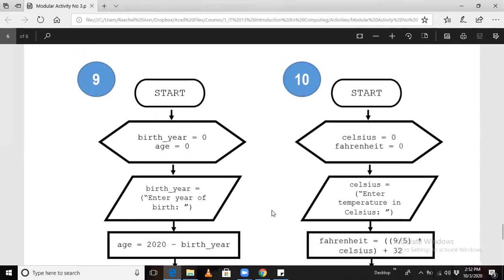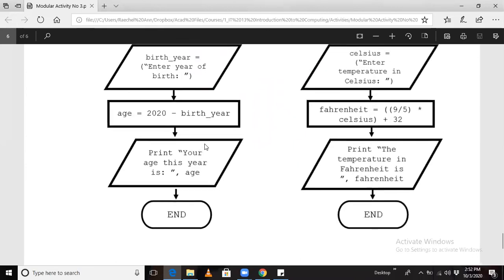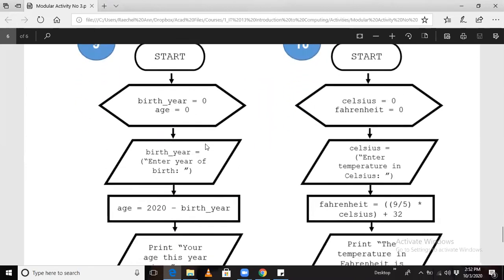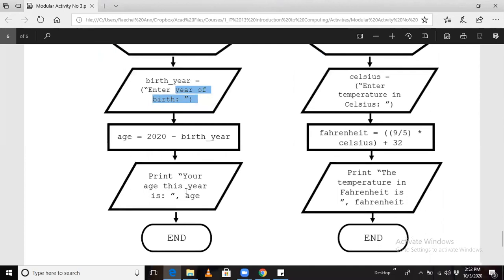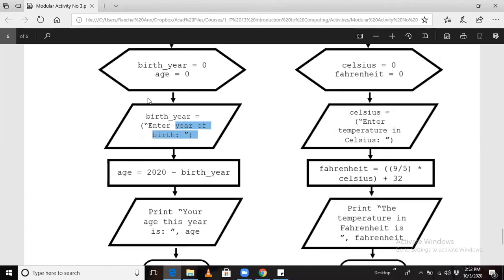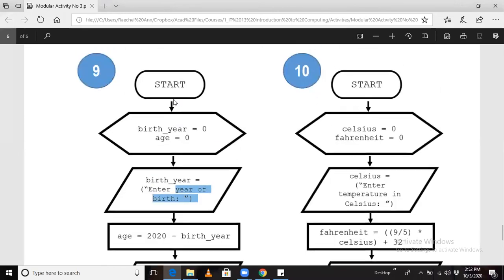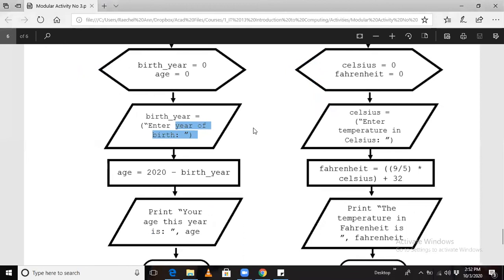Number 9. So, number 9 and number 10 is sequential, both sequential. So, anong gagawin natin dito? Birth year is equal to 0, age is equal to 0. Enter birth year, 2020, your age this year is year. So, nagagawa na natin ito sa past, sa inyong past programs, diba? Your age this year.